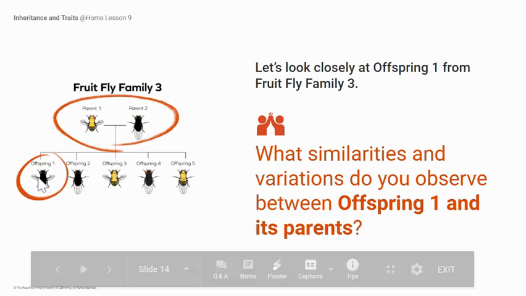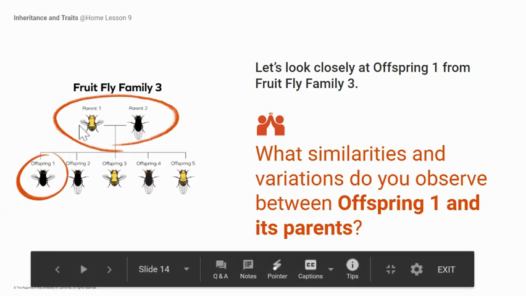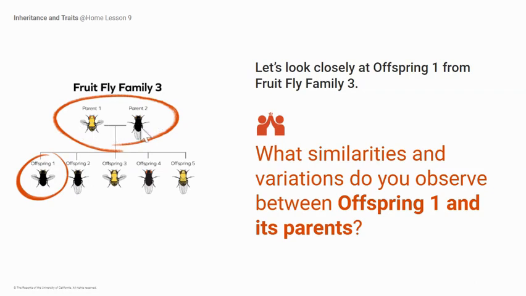I look at the wings here. These wings and the location of the wings are similar to parent one. As I get really close, it looks like the eyes are really similar to parent two. Okay. And overall, it doesn't necessarily have that back part that parent one has. So it has some similarities from both, maybe more similarities with parent two, but has a combination of the two.